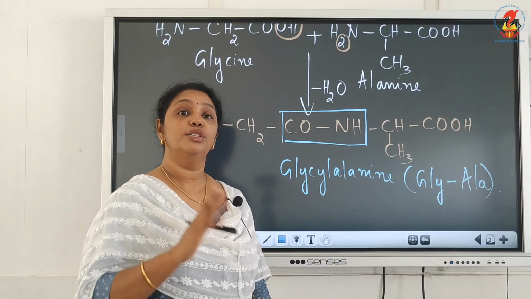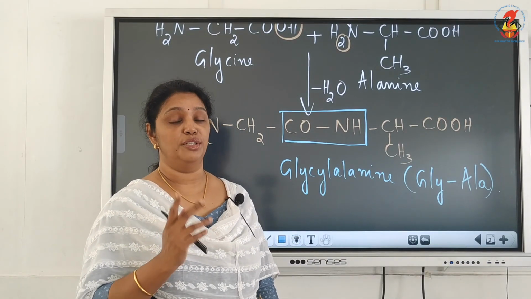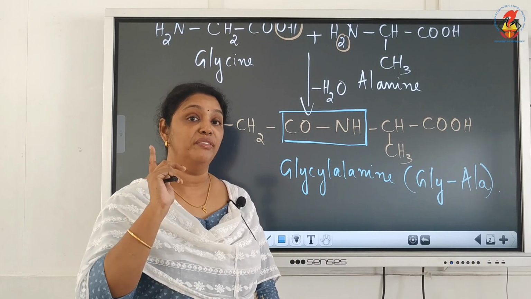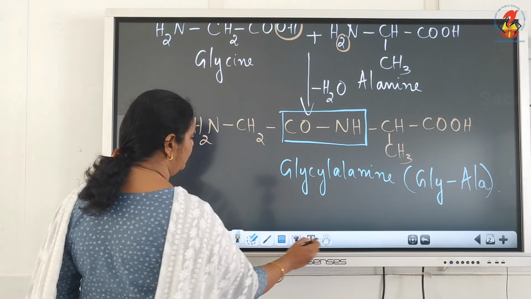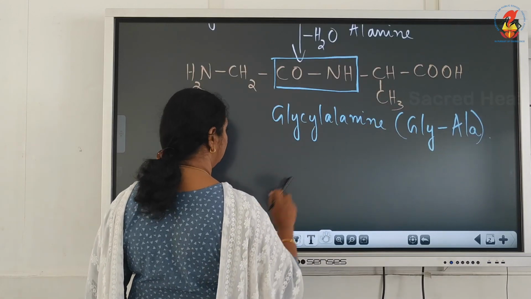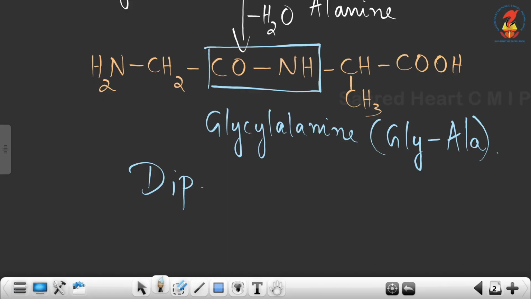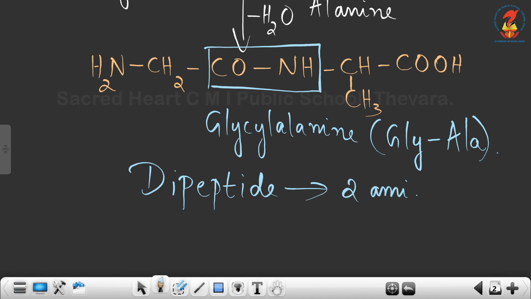Now, here two amino acids combine to give how many peptide bonds? One peptide bond. So, we can call this a dipeptide. Now, when I say dipeptide, how many amino acids combined? Two amino acids combined.